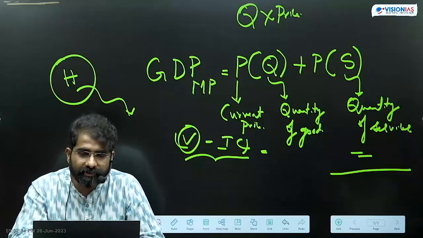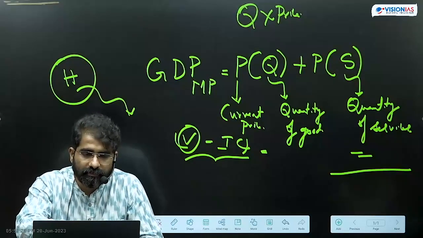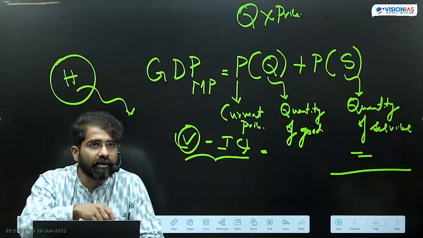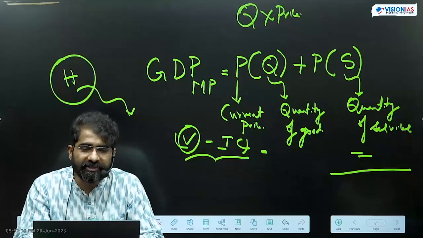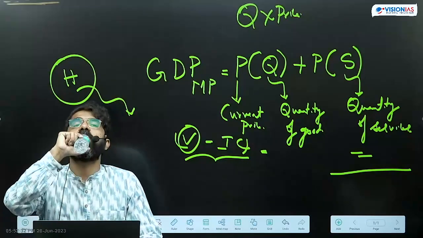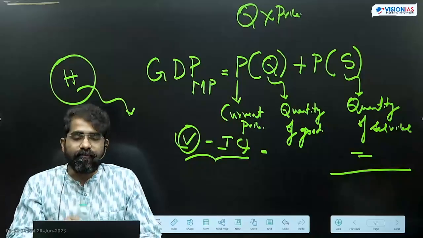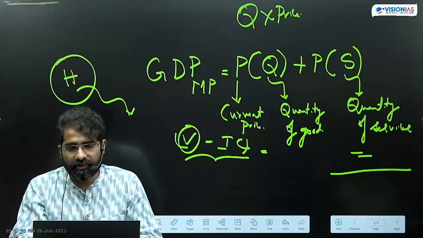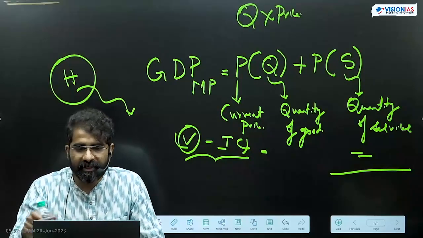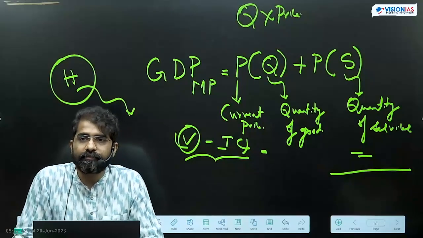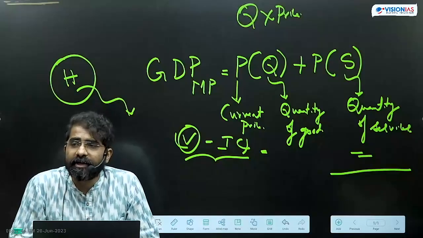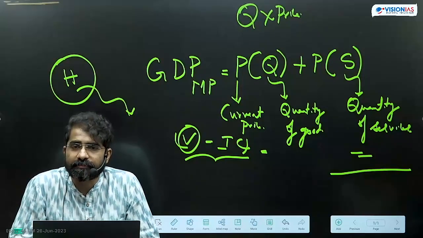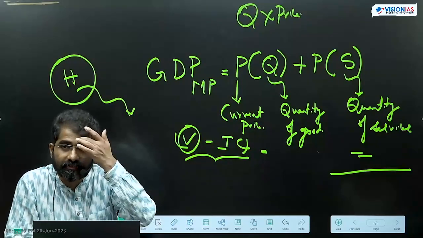Then write the formula. GVA at basic price is equal to GVA at factor cost plus net production taxes.